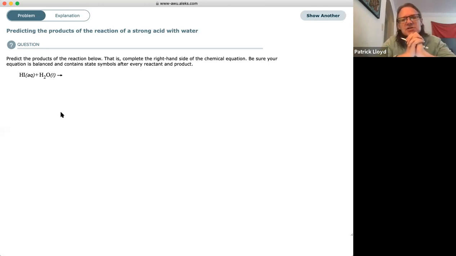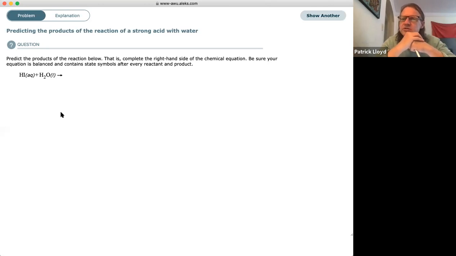That is, complete the right-hand side of the chemical equation and be sure your equation is balanced and contains state symbols, solid, liquid, or gas, or aqueous, after each reactant and product. So they put them for the reactants, you have to do it for the products, okay?